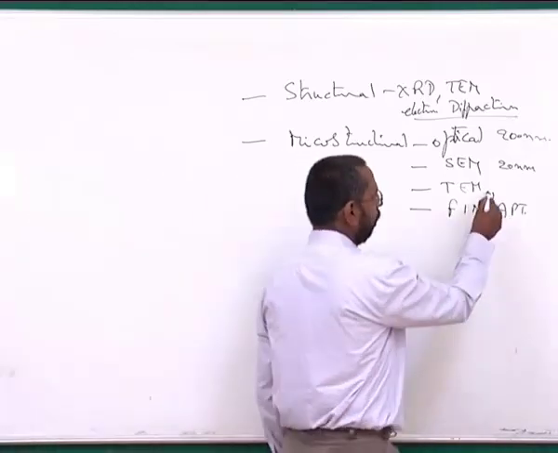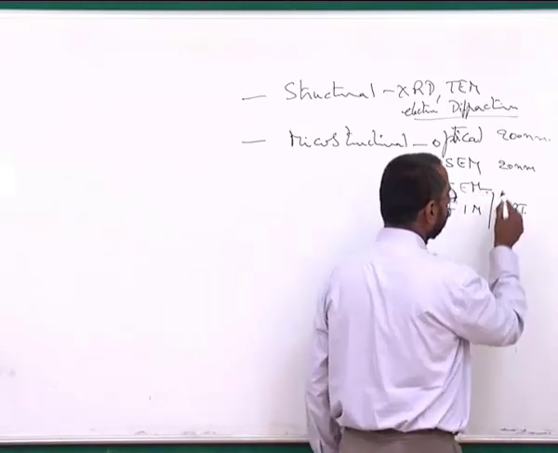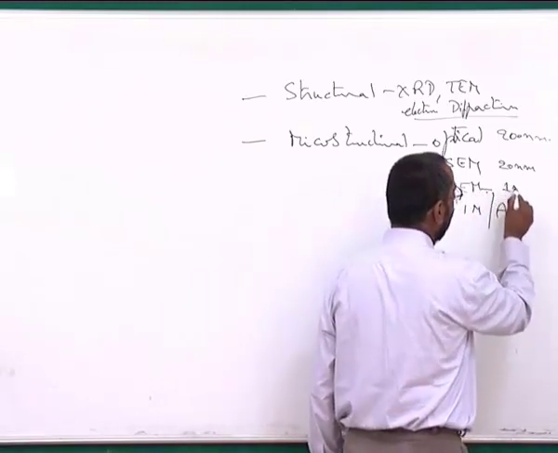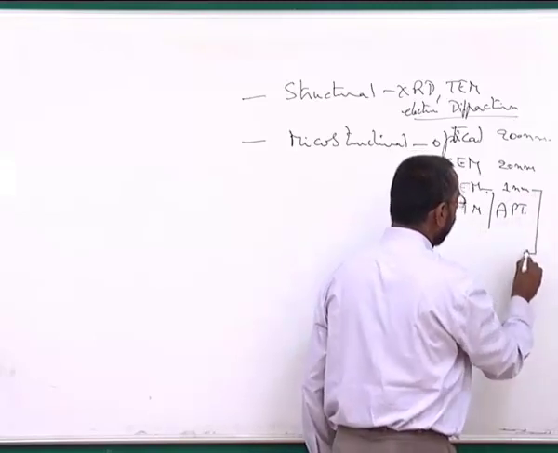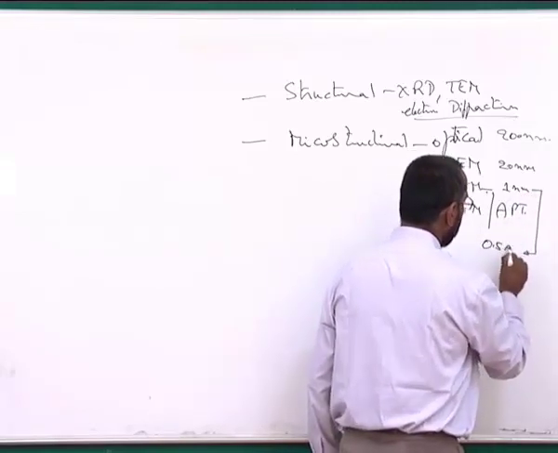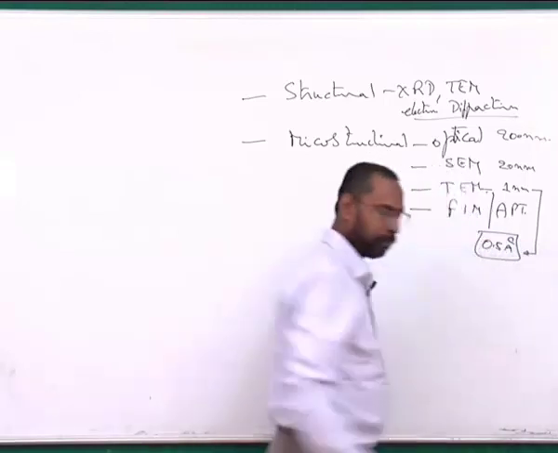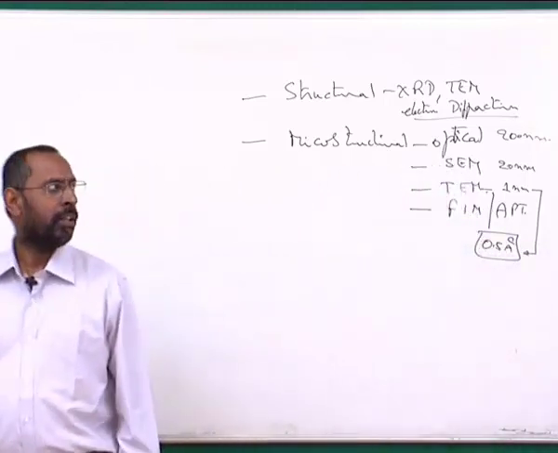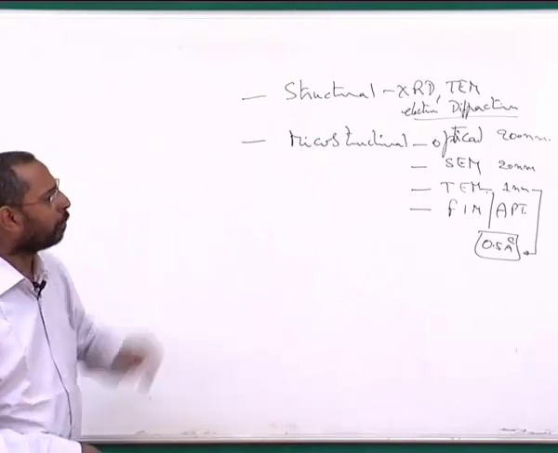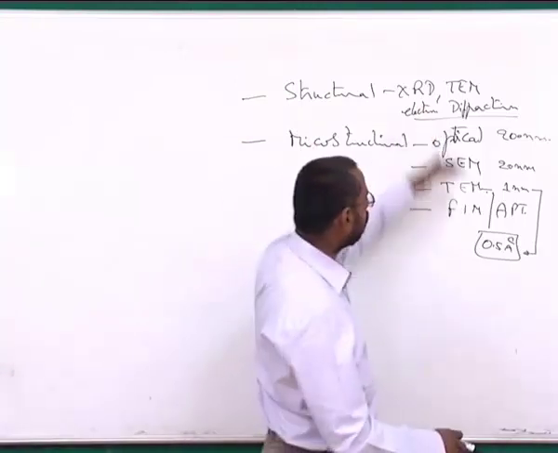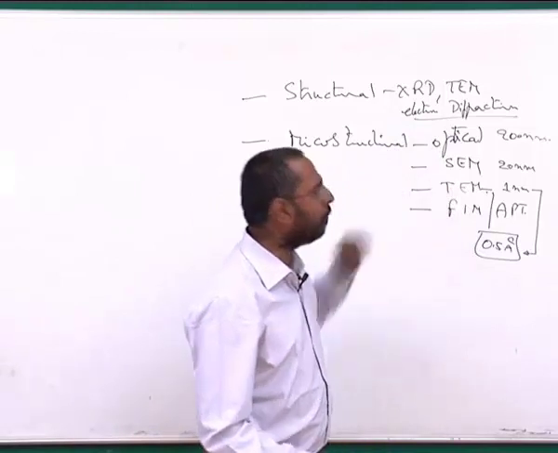And TEM, where a normal conventional TEM will have about 1 nanometer resolution, and the best, what is called aberration corrected TEM, has about 0.5 angstrom, is what is claimed. So you can see the resolutions keep increasing, and we talked about all this, and we said that all these things particularly talk about 2D information.